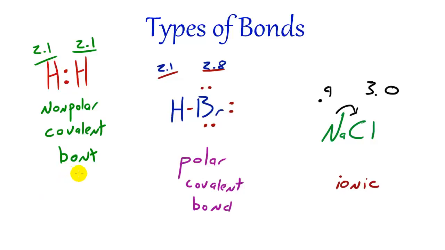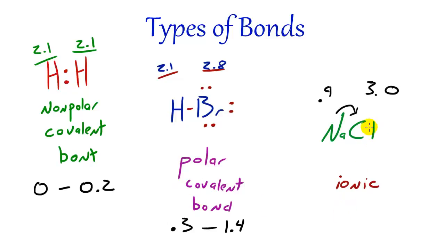But anyways, so the difference in electronegativity can determine which type of bond will form. If you have a difference of 0 to 0.2, then you have a nonpolar covalent bond. If you have an electronegativity difference of 0.3 to 1.4, then that's when you have a polar covalent bond.